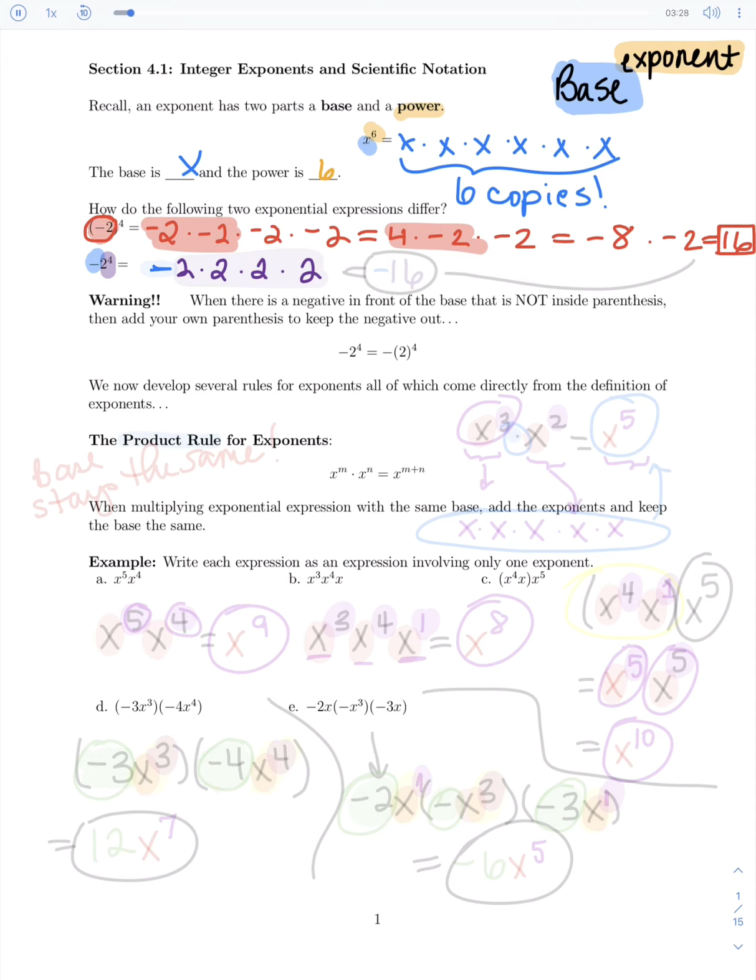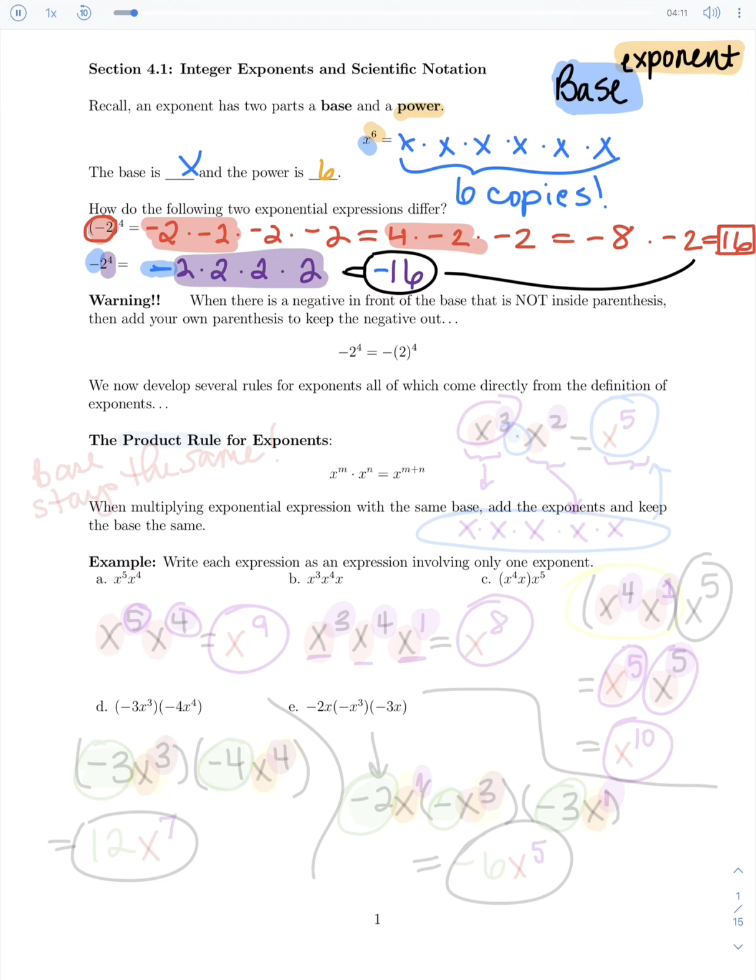According to the order of operations, I do all of this multiplication first. 2 times 2 is 4, times another 2 is 8, times another 2 is 16. However, the negative sign sitting out in front has nothing to do with our exponent, so it gets tacked on at the end. So I actually end up with -16. Be careful: these two answers are not the same, because one had parentheses and one didn't.